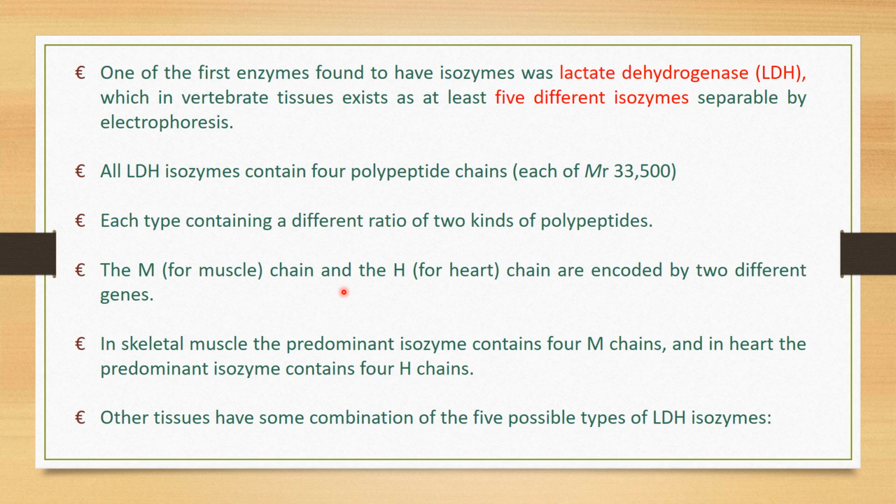So from H to M, from heart to muscle, and in between these two there are HHHM, HHMM, HMMM. So 5 types of isoenzymes are present differentially in different tissues for lactate dehydrogenase.